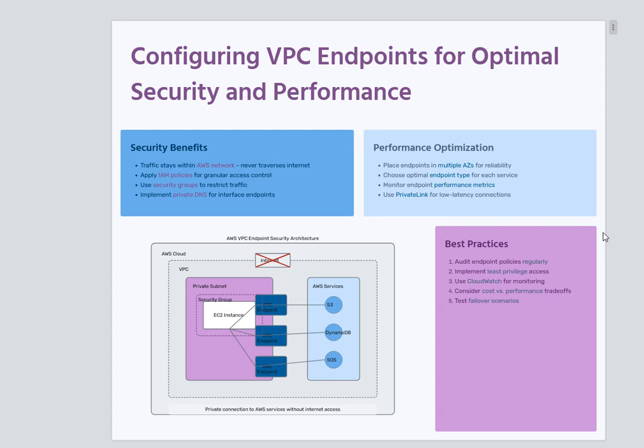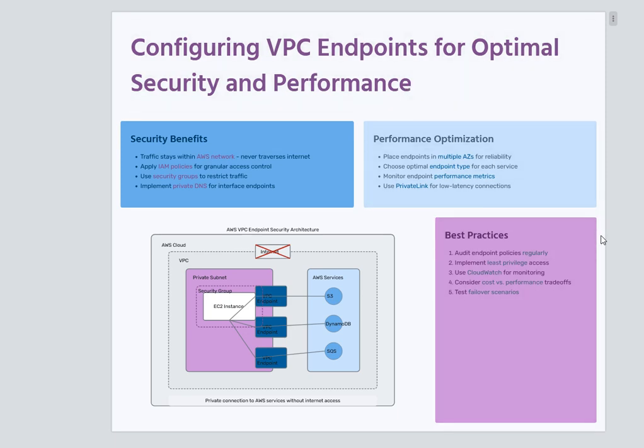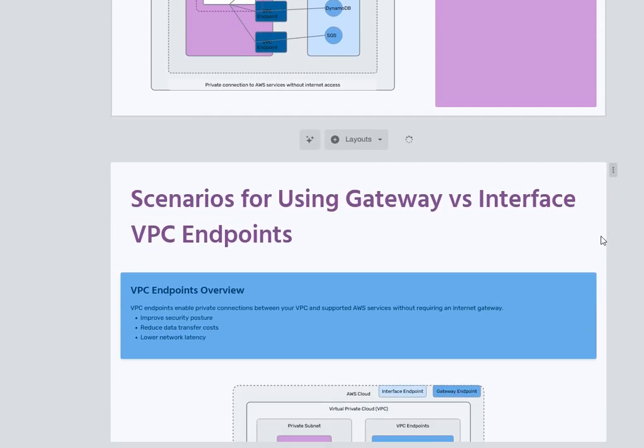Consider the cost versus performance trade-off. And test failover scenarios. Wherever possible, if you put endpoints in multiple availability zones, check the failover scenarios at least quarterly to make sure it works if something happens, so you have high availability.